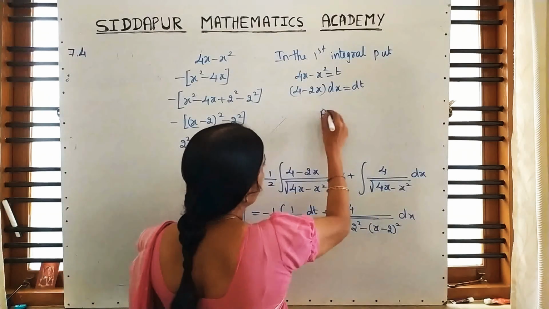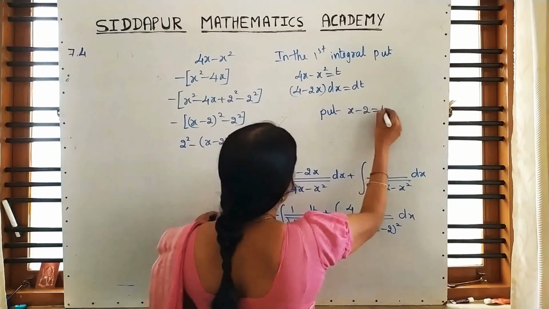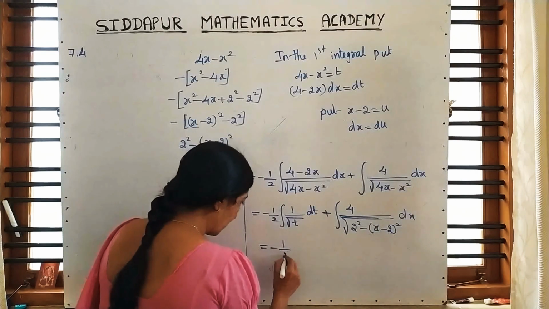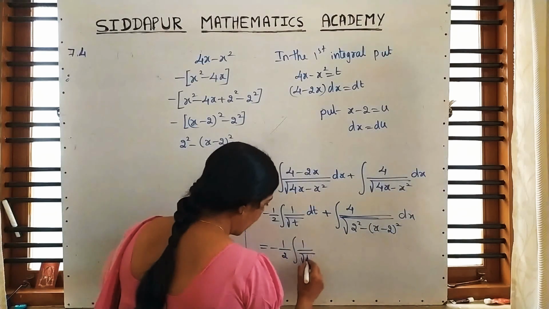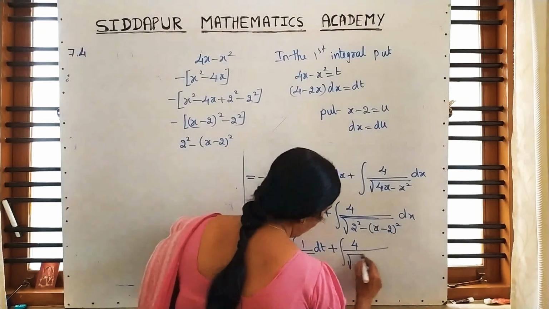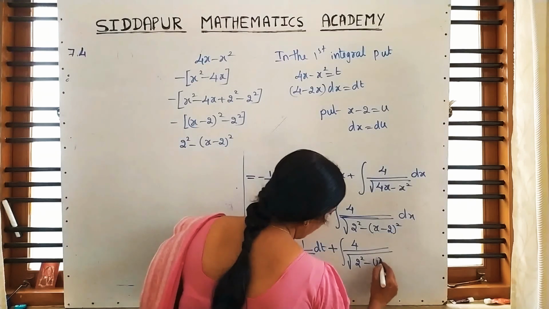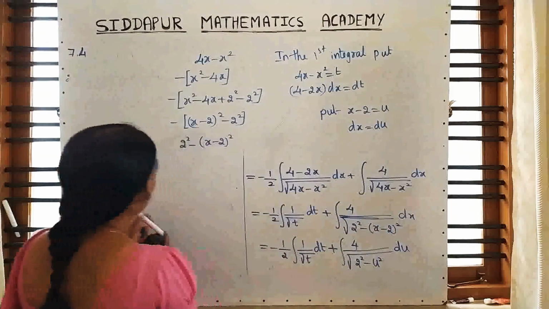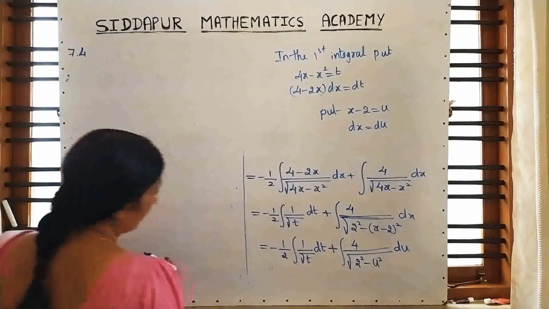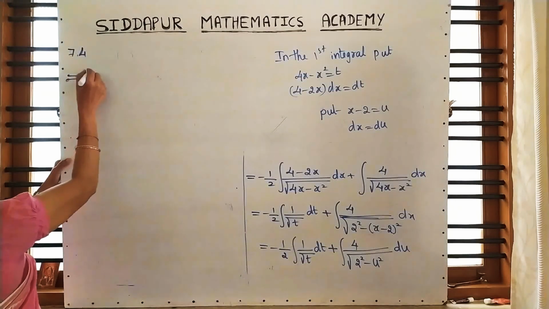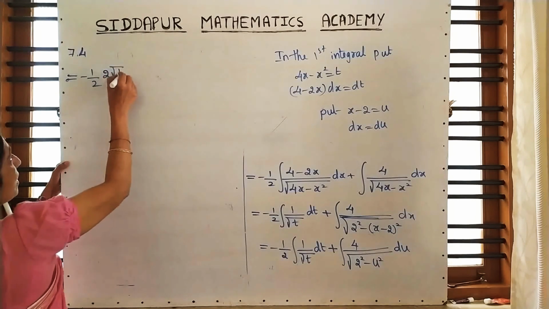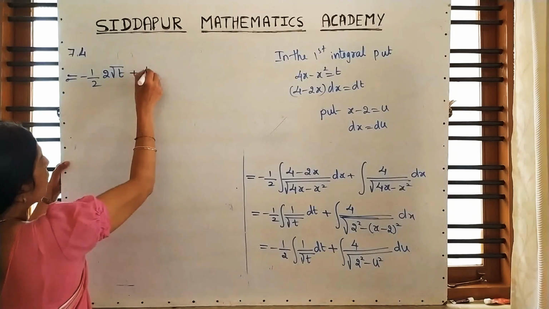And for our convenience, I am writing put x minus 2 as u. dx is du, because t we already used. Minus 1 by 2, it is 1 by root t into dt plus 4 upon root of 2 square minus u square into du. So now we are familiar with the integral, both the integration. Keep minus 1 by 2 as it is. Integration of 1 by root t is 2 root t, plus 4 as it is.